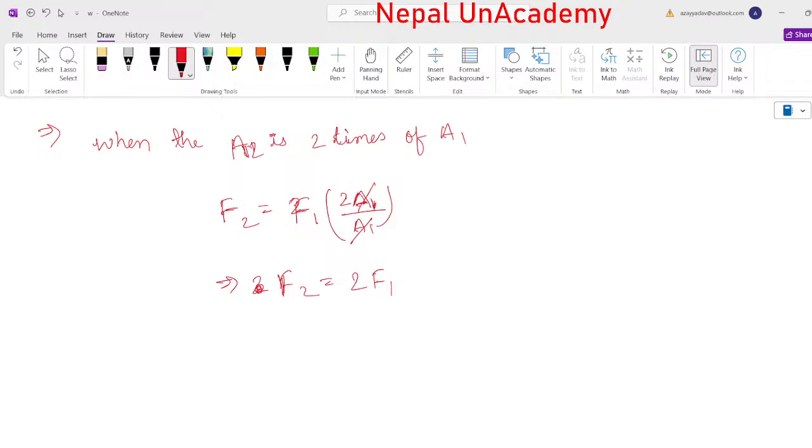So the force exerted on the smaller piston of the machine becomes double when it is transferred to the larger piston. So if the cross-sectional area of the larger piston is twice that of the smaller, the force exerted on the larger piston will be 2 times F1.